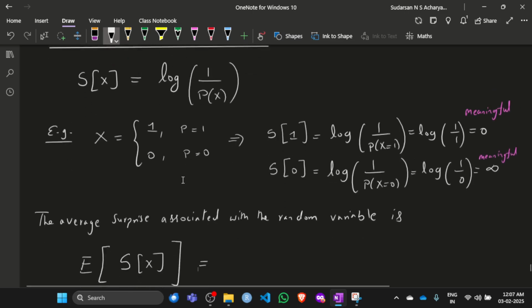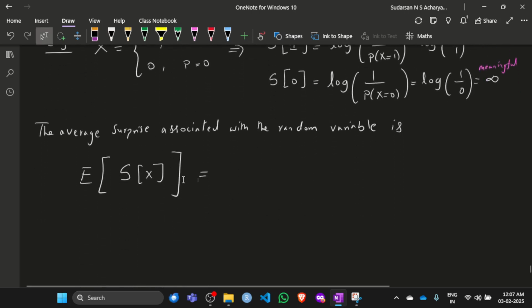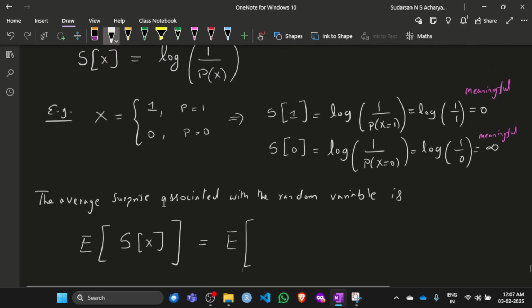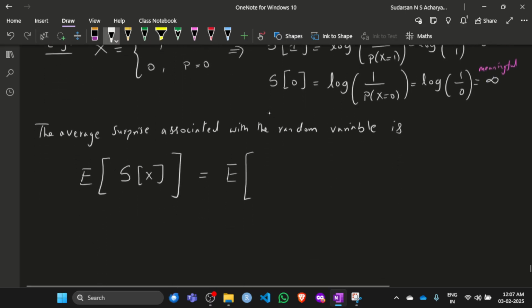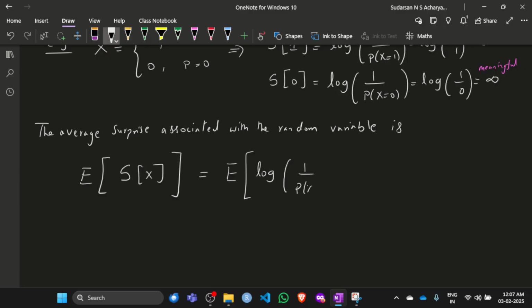Because as we see here, for the coin toss example, there are two surprises, right? One associated with the value x equals 1. The other one is associated with the value x equals 0. So now if you want to get the expected surprise associated with the random variable, then what we are talking about is the expected value of what is s of x? Well, we just saw that s of x is log 1 over p of x.